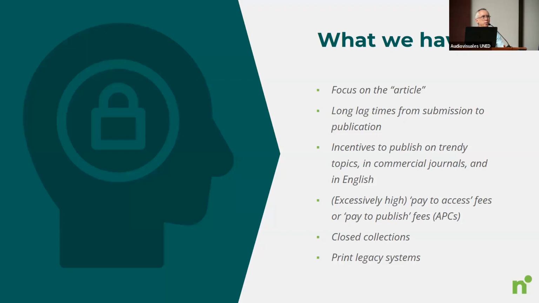Because of the mantra of publish or perish, and also the inefficiencies of attaching peer review to journal selection, it produces long lag times between when a paper is ready to be made public and the moment it is actually published, and it incentivizes publishing in trending journals, on trending topics, in English-speaking journals, and also commercial journals, of course.